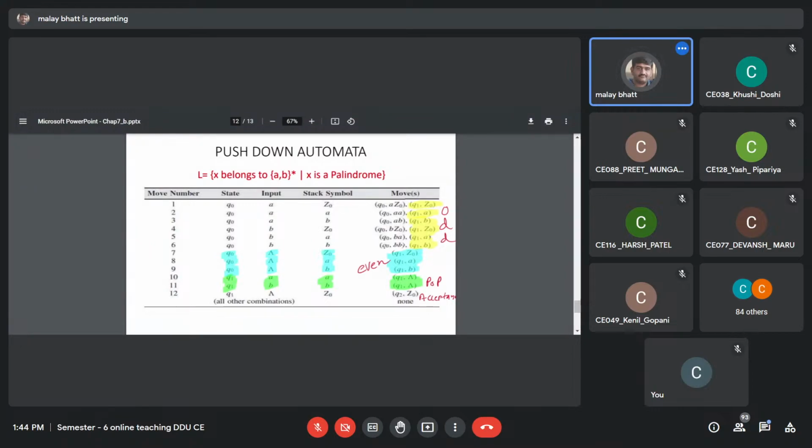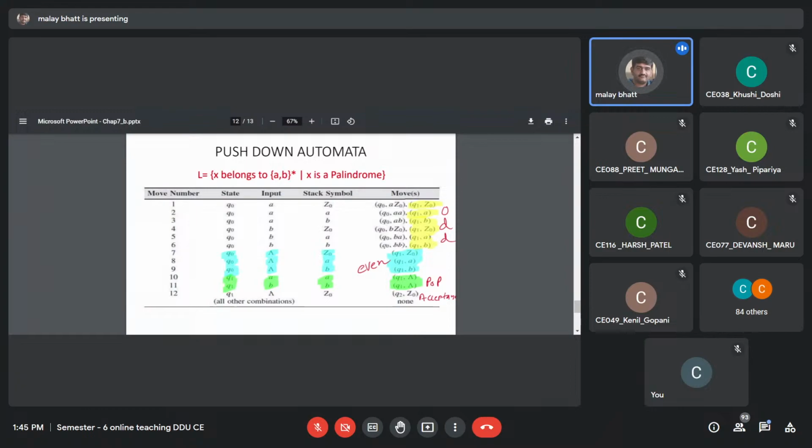Similarly, rule number 2, 3, 4, 5, 6, up to 6 rules, they are push and ignore rules, as you can see, from 1 to 6, right? All the rules 1 to 6, they are push and ignore rules, and they are used in odd length palindrome.